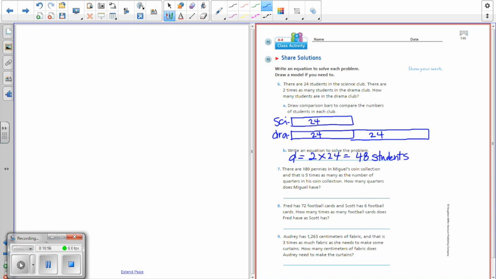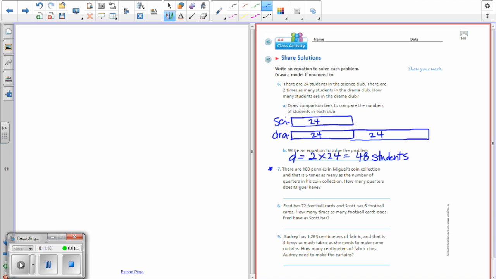So there's 180 pennies, looking at number 7. There's 180 pennies in Miguel's coin collection, and that is 5 times as many as the number of quarters in his coin collection. How many quarters does Miguel have?